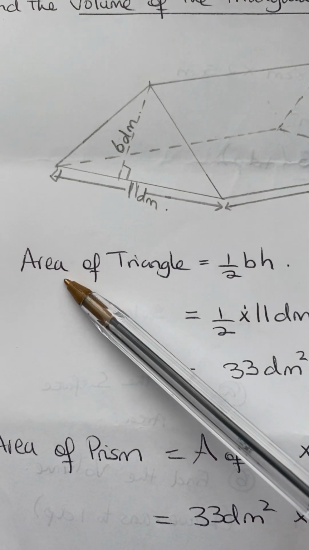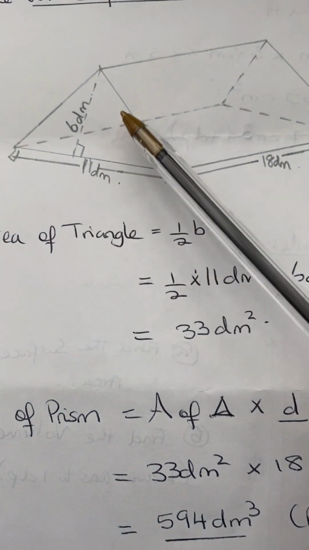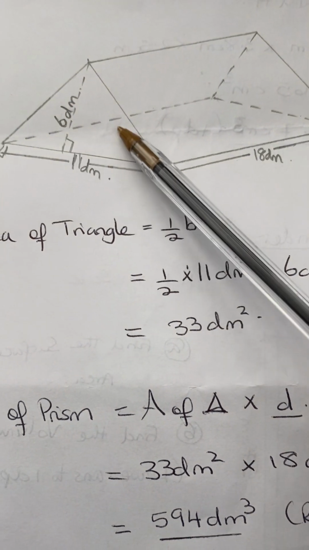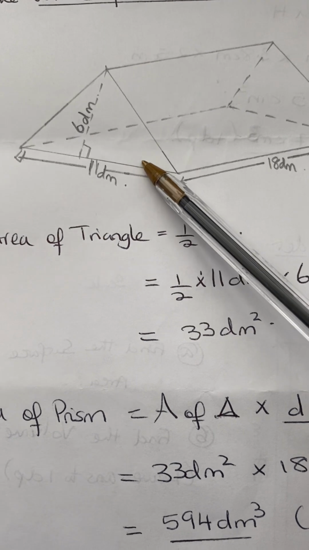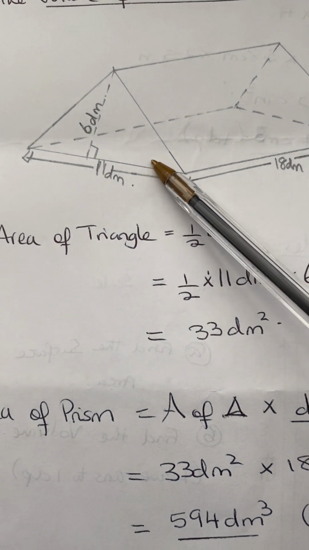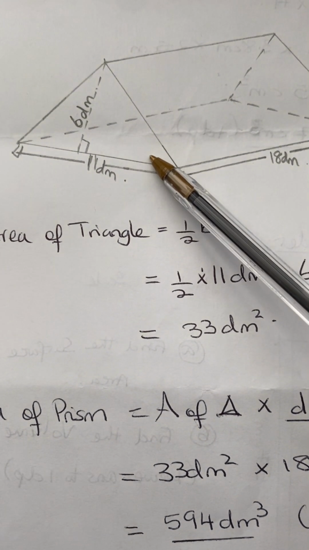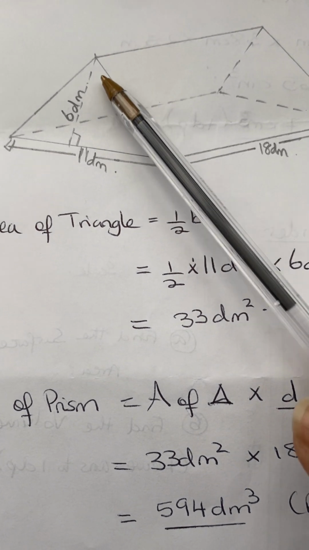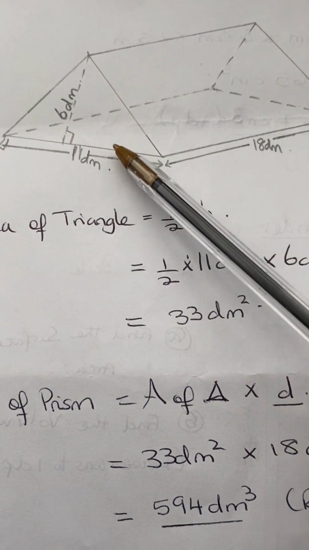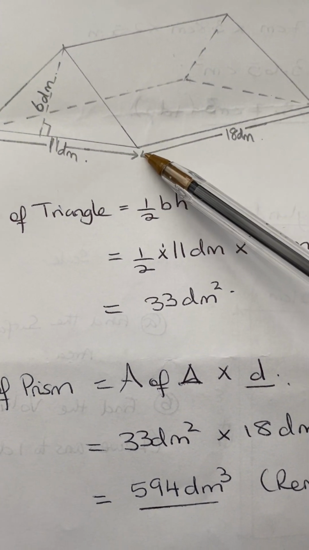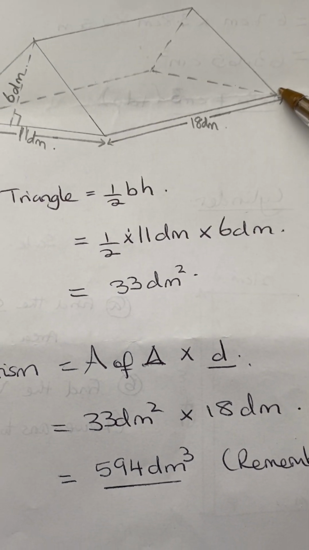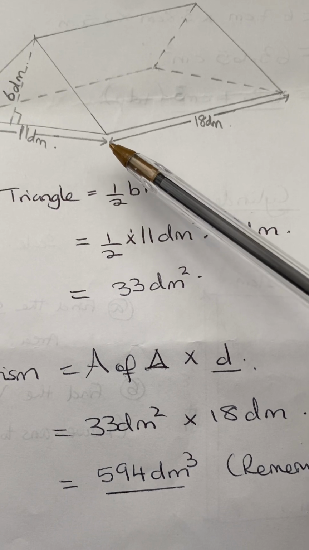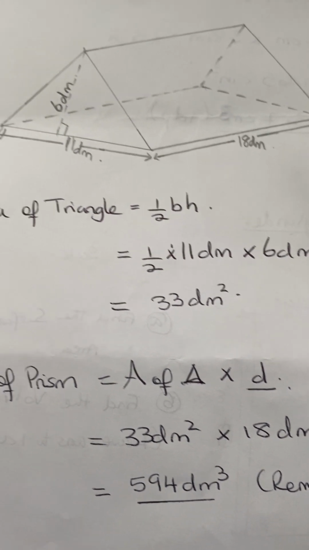Remember, it's an area. Now that we found the area of the triangular part, we are finding the volume, not the surface area. So now we need to multiply by this length here, from there to there, the length of the prism.